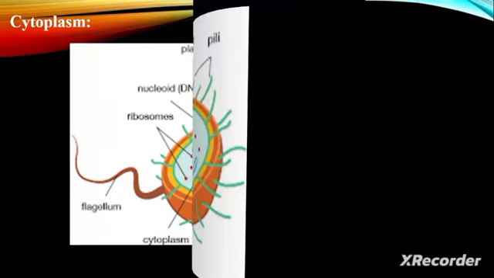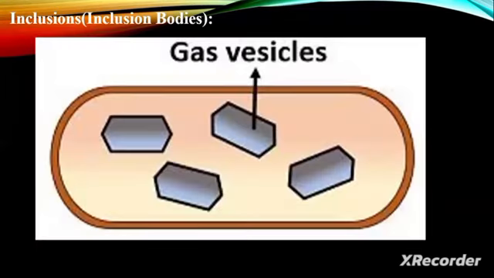Okay, let's see another functional component. It is known as inclusions, or inclusion bodies. Inclusion bodies are storage vessels floating in the cytoplasm.